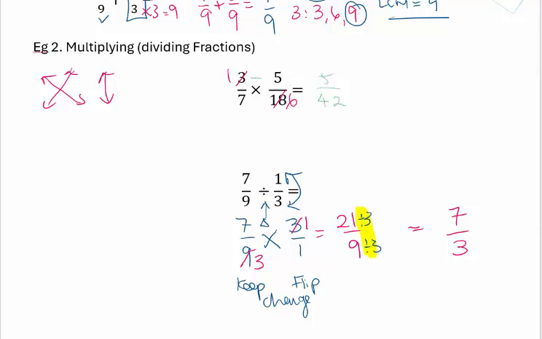So 3 goes into 21 7 times, and 3 goes into 9 3 times. You can see I get the same answer using 2 different methods. We can leave it like that, that's the exact value, but 3 goes into 7 twice, because 2 times 3 is 6 with 1 left over. So that's the answer.